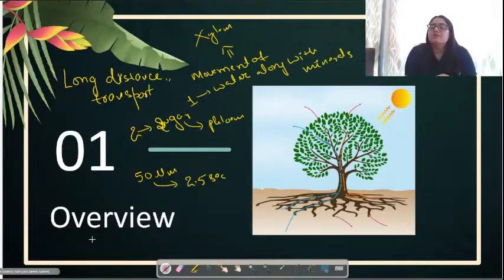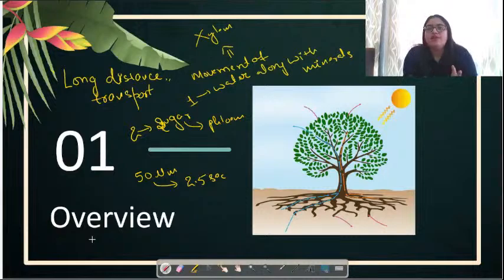So here comes the need of a long distance transport system that is very much needed to transport substances over long distances, like transporting water and minerals from root to the leaf, and transporting the photosynthates, the sugars that are produced during the photosynthesis process, from leaf to the other parts of the plant like roots, right?